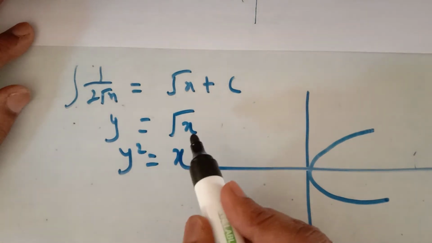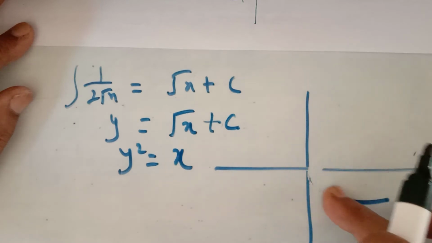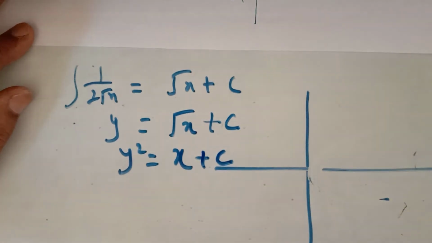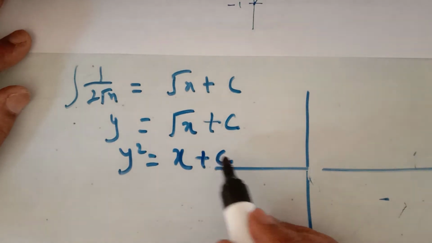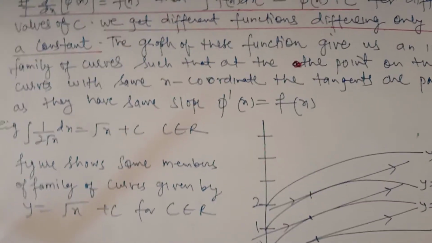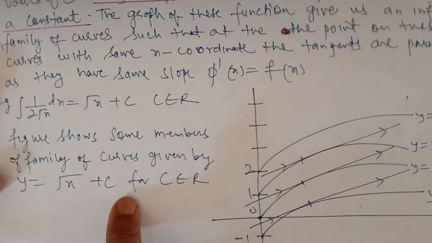Now if I put plus c here, this parabola will not pass through the origin. It will be passing through different points for different values of c. Let us take an example. Now y is equal to root x plus c.